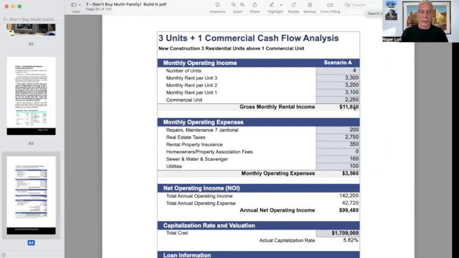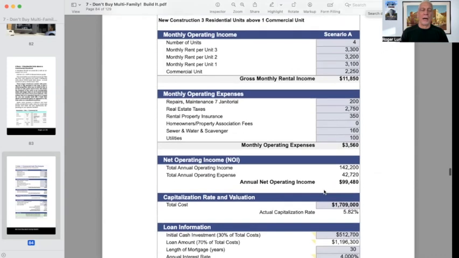Okay, so you've got your gross monthly rent, your monthly operating expenses. So now your total annual operating income is $142,200, right? We take from this, and then our total annual operating expenses are $42,720. So this gives us our annual NOI of $99,480.